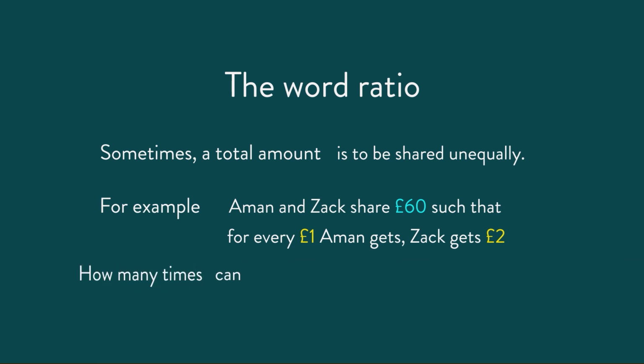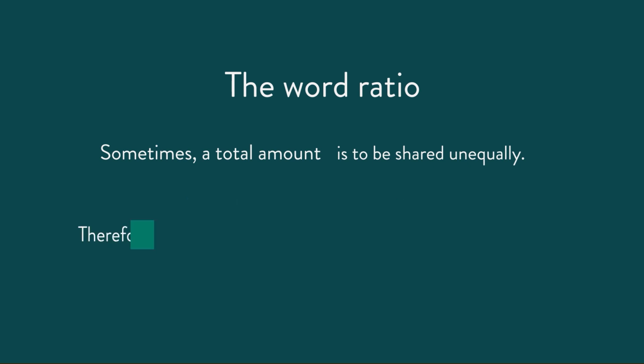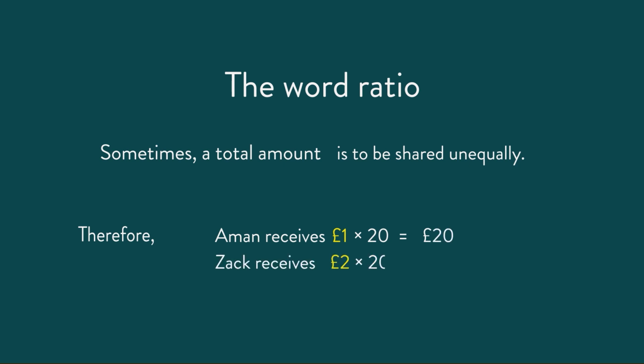How many times can 3 coins be removed from the pile? As many times as 3 goes into 60. 20 times. Therefore, Aman receives £1 times 20, which equals £20. Zach receives £2 times 20, which equals £40.